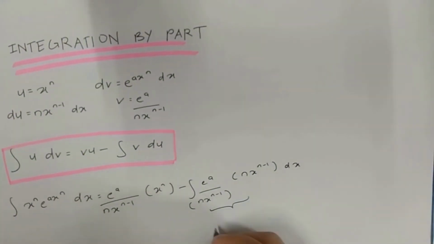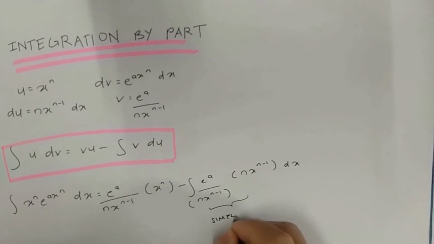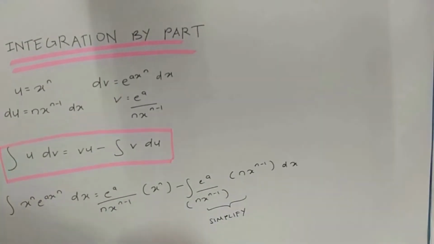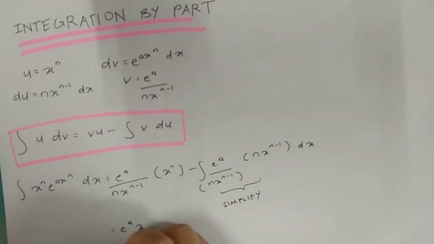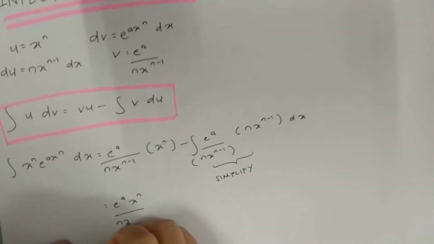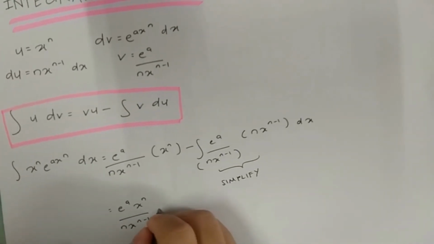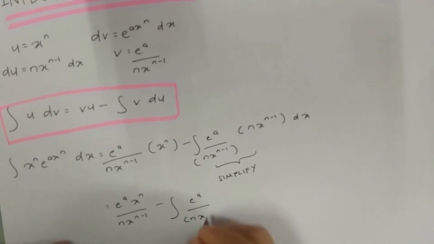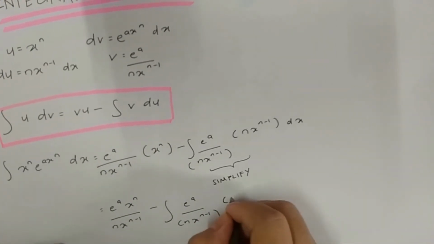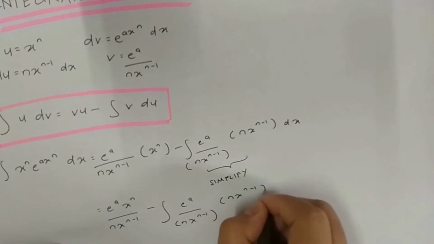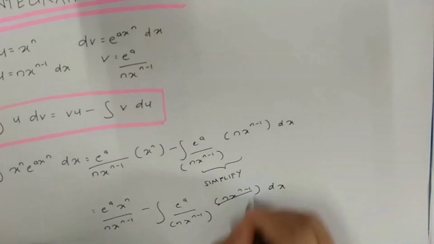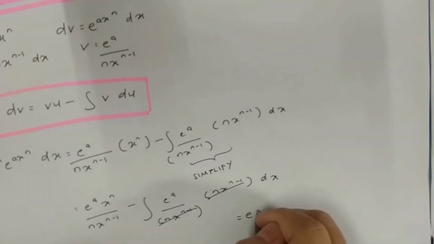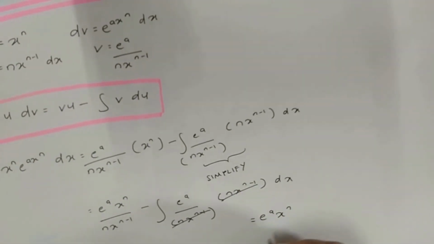In the integral of v du, we can see that there is something that we can simplify, which is n x to the power of n minus 1. We simplify those things because we want to be left with e to the power of u.